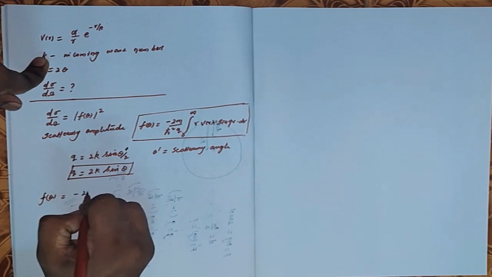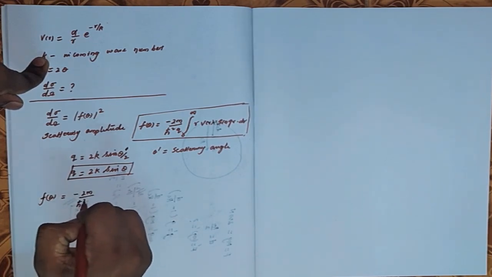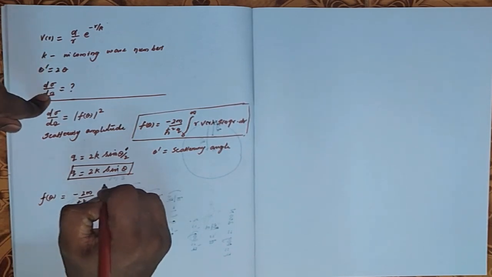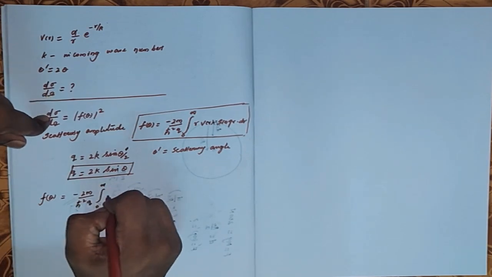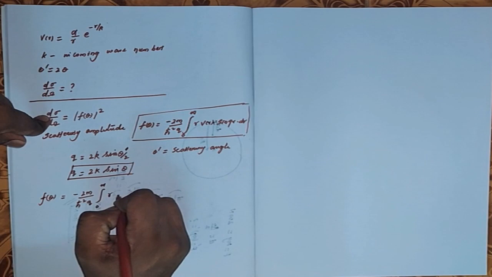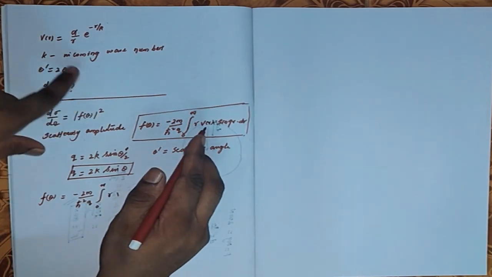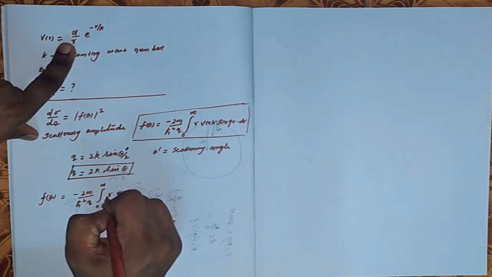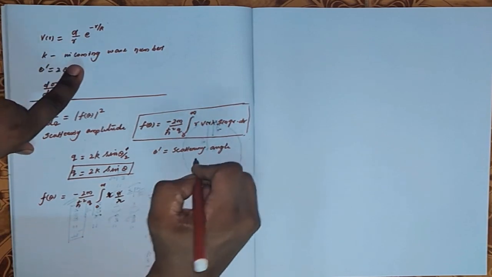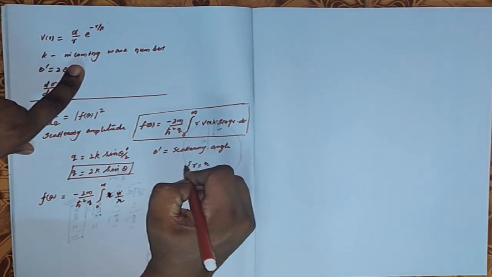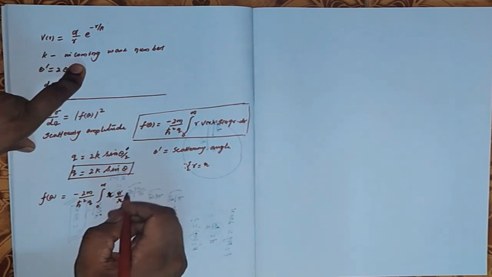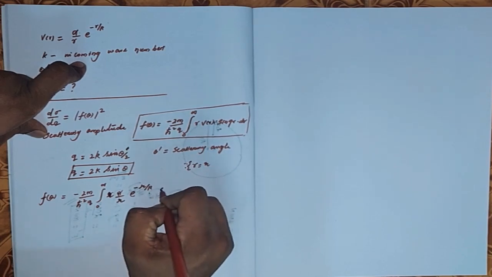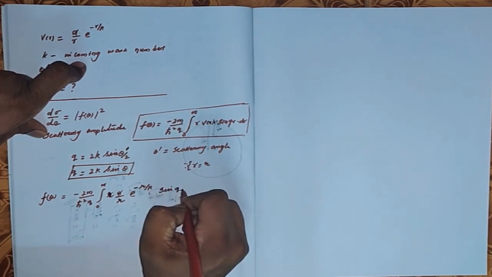minus 2m divided by h square q, integral 0 to infinity, of r times the potential V of r, which is alpha by small r e power minus small r divided by capital R, times sine of qr dr. I sometimes use small r, but both mean the same.